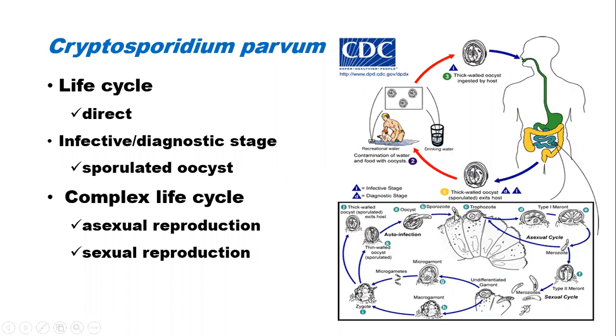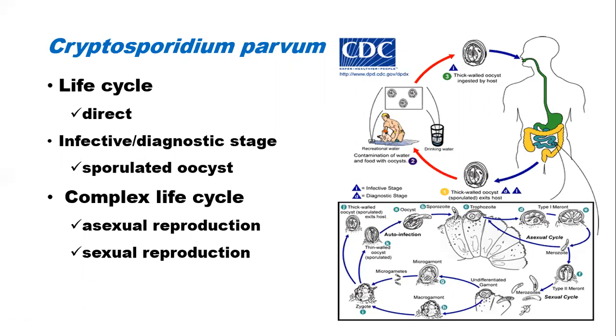While others believe that the organism actually invades the enterocyte, but it stays close to the luminal surface. So when you look at it under the light microscope, you will think that the sporozoites that eventually form the trophozoites are extracellular.